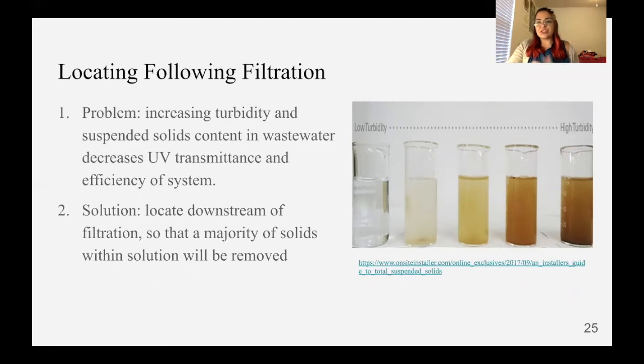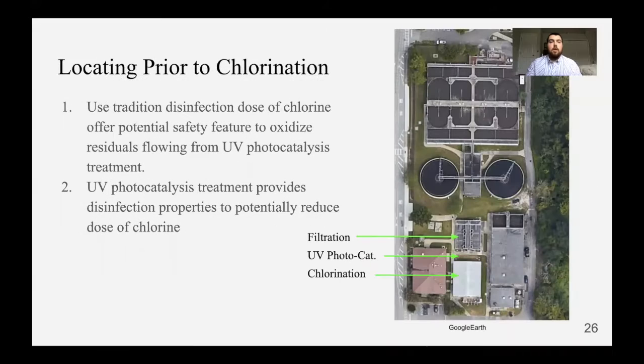And so we want to locate it after the filtration so that we can reduce the majority of the solids content in this water. The reason for locating it prior to chlorination is to add an additional safety factor. In case any residuals of glyphosate or AMPA are not fully degraded in the photolysis process, they will be degraded in the chlorination process, as demonstrated via the chlorination kinetic slide.